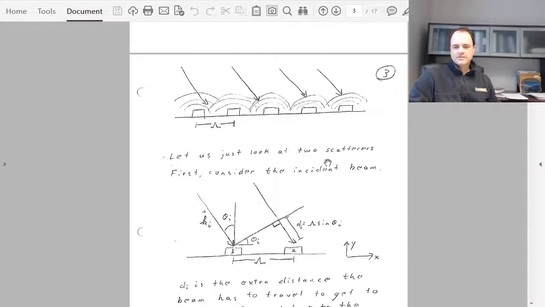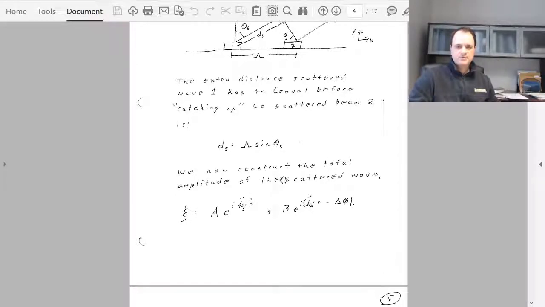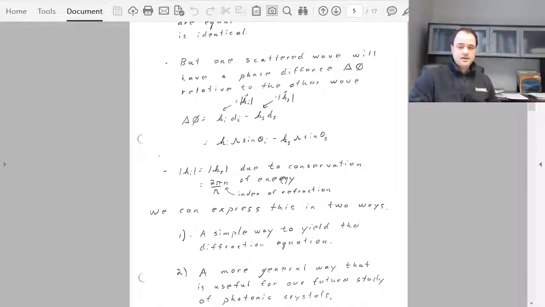And we saw that there's a strict condition for the scattered waves such that all the scattered waves will constructively interfere. And we found that this condition must hold.